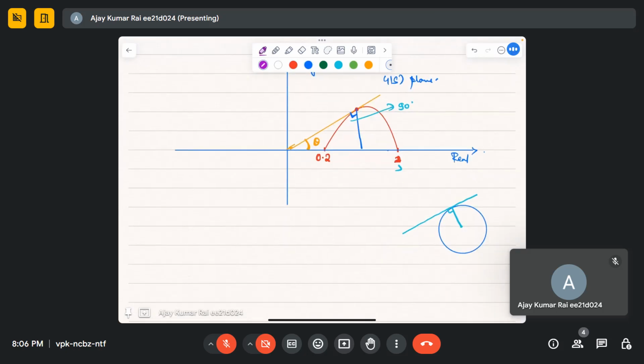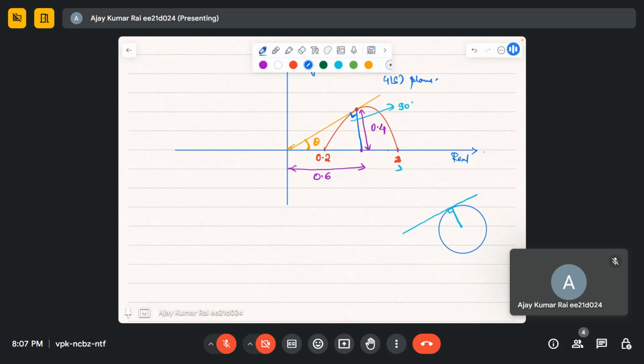Some crucial points: this distance is how much? 0.4 plus 0.2, so it's 0.6. And this is the radius, right? This is the center, which is equal to 0.4.